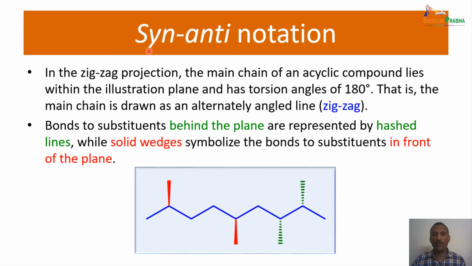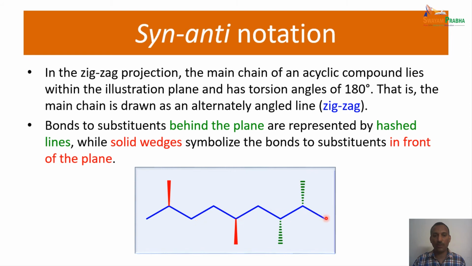The next one is syn/anti notation. Basically, how we represent syn/anti notation is shown here. The molecule is drawn in a zigzag fashion, which is the standard way of representing an alkyl chain. The main chain in acyclic compounds is drawn in the zigzag projection, with a torsional angle of 180 degrees.